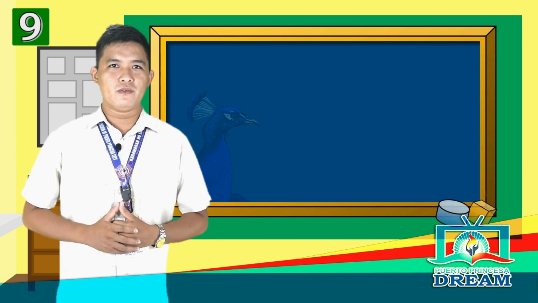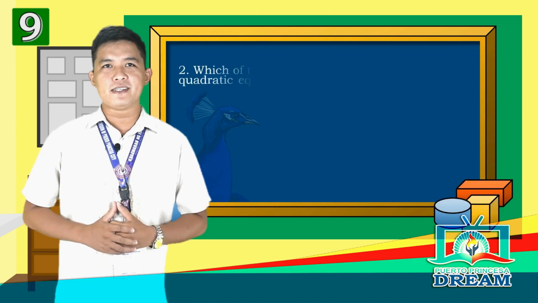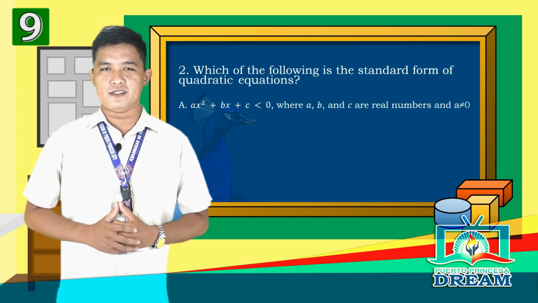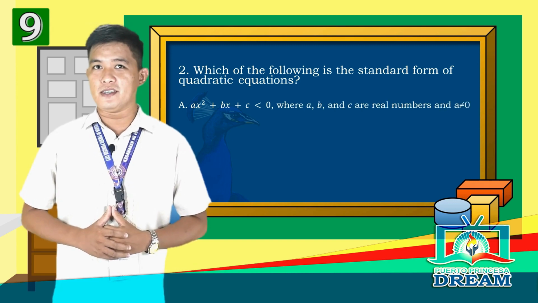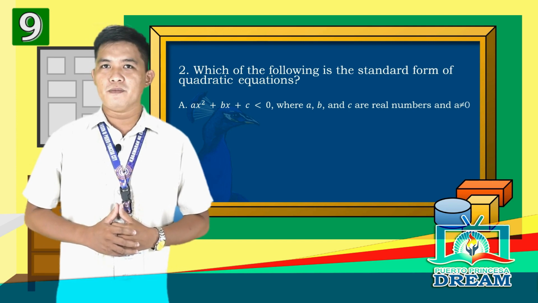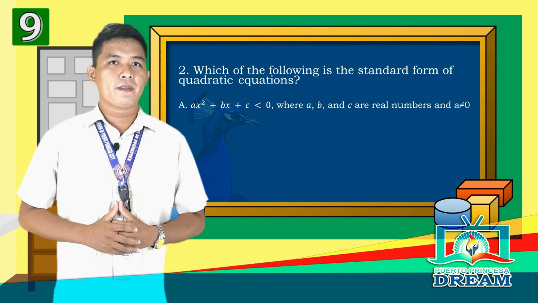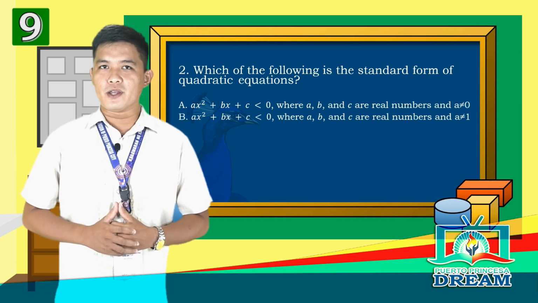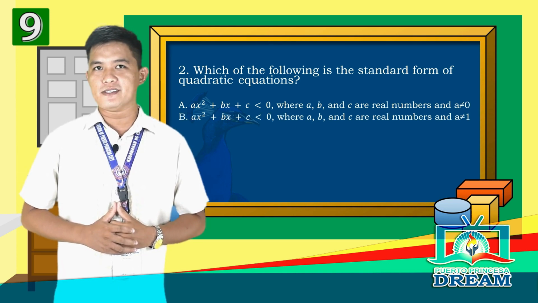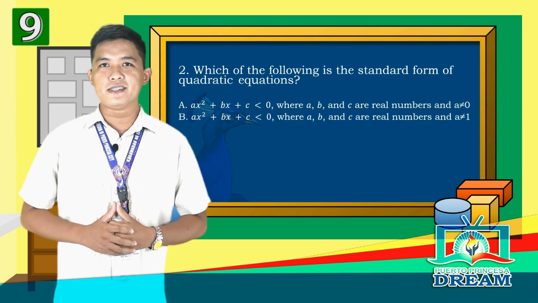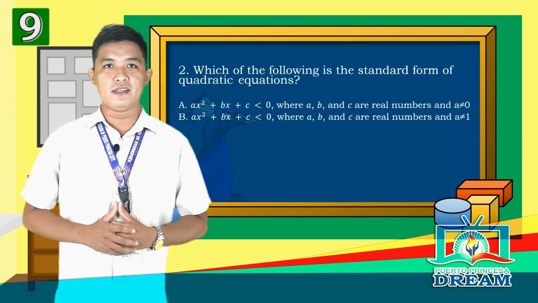Question number 2. Which of the following is the standard form of quadratic equations? A. Ax squared plus bx plus c is less than 0, where a, b, and c are real numbers and a is not equal to 0. B. Ax squared plus bx plus c is less than 0, where a, b, and c are real numbers and a is not equal to 1.